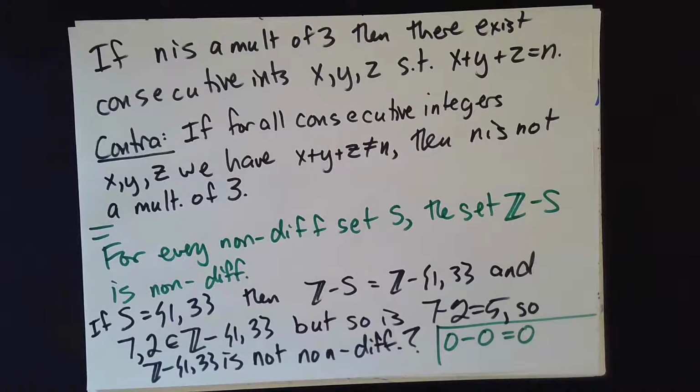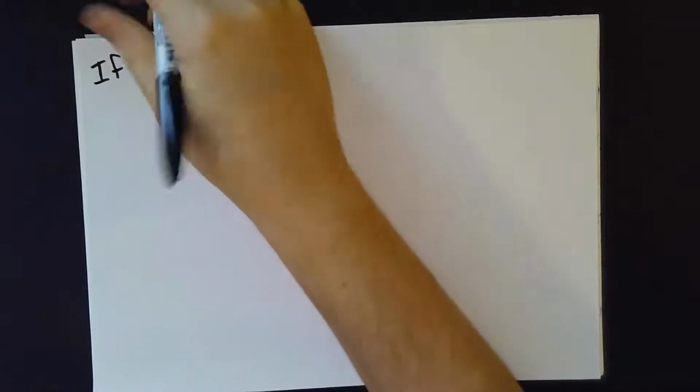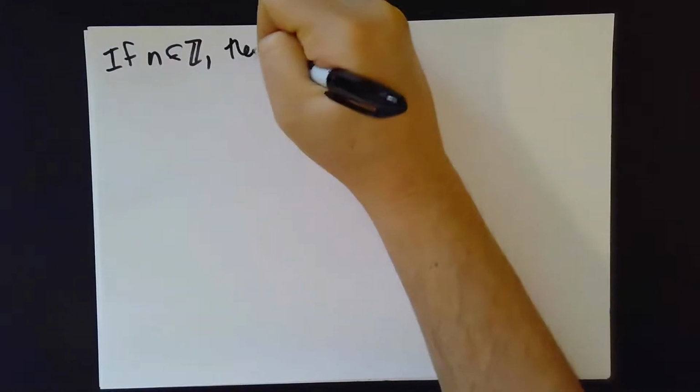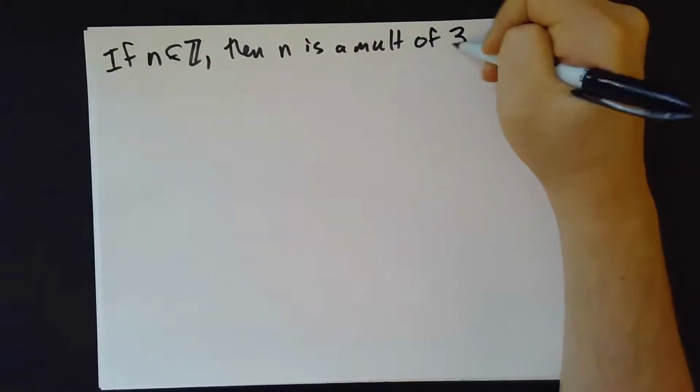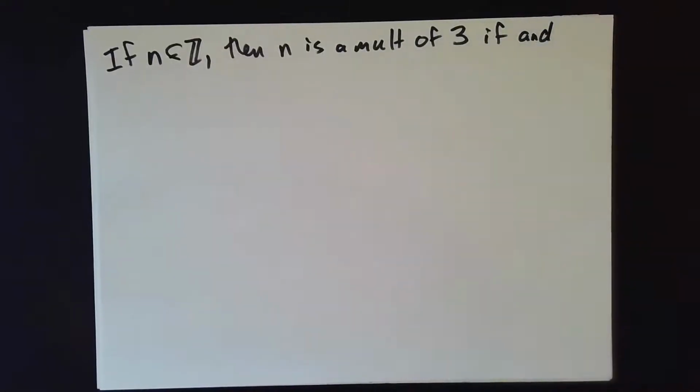Okay, let's look at this. So, 33. So 33 says that, if n is an integer, then n is a multiple of 3 if and only if... Did I write this backwards from the way that it is in the packet?